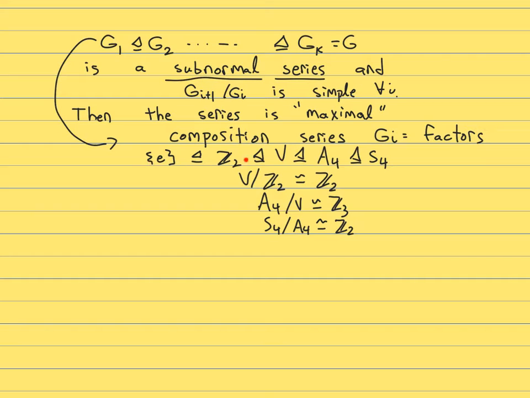This example is slightly bad because you can check and discover that there are no other composition series for S4, mainly because there are no other normal subgroups of S4, which takes a little bit of effort to prove.